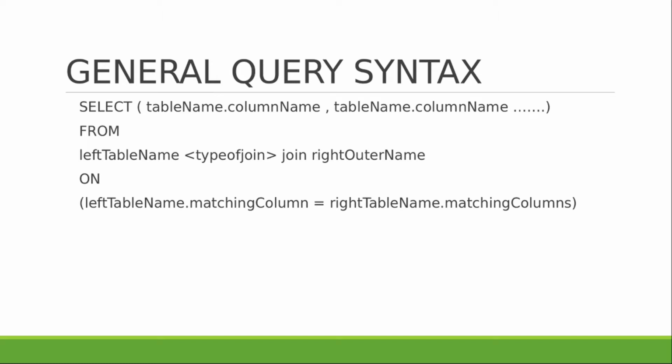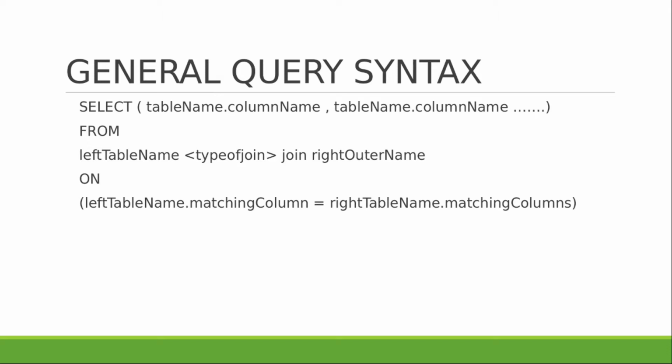The first line is the select statement. You know that in any query we need to select the columns which we want to print in our output data. Similarly, we need to find columns from both tables that we want to print.